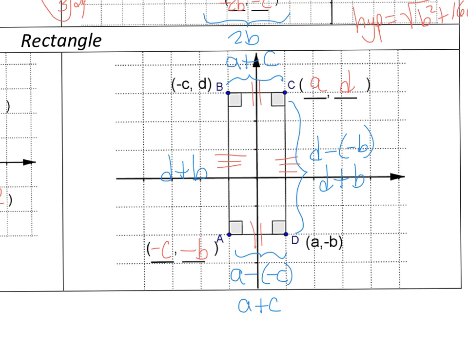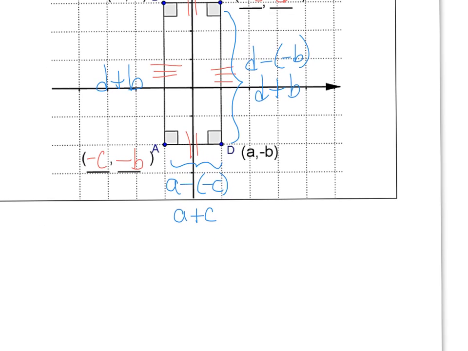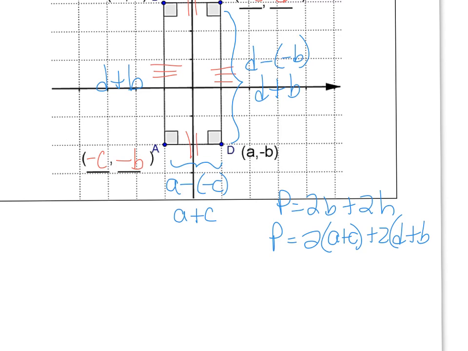So you could take these variable expressions and you could find the perimeter. Say the perimeter equals twice the base plus twice the height. I could say the perimeter is 2 times A plus C plus 2 times D plus B.